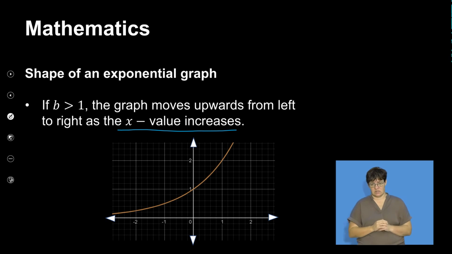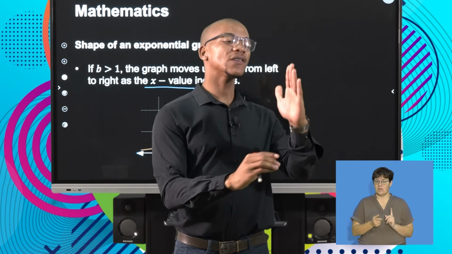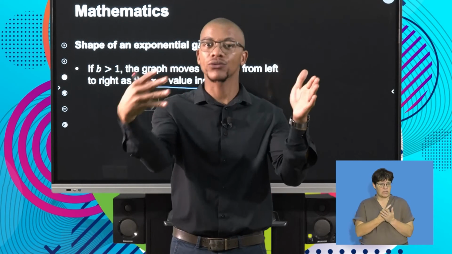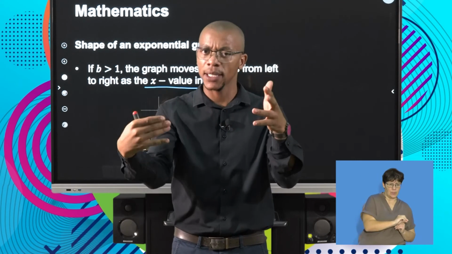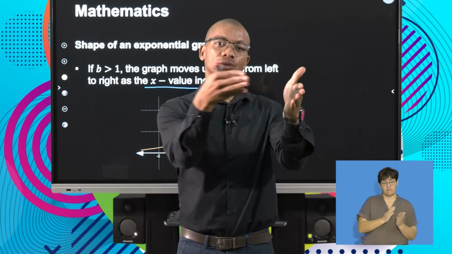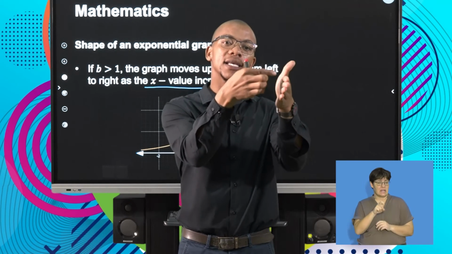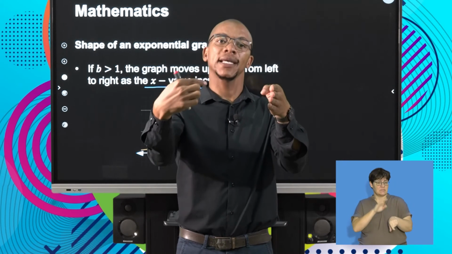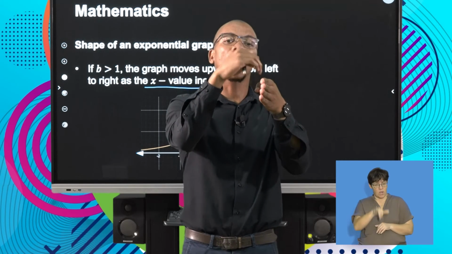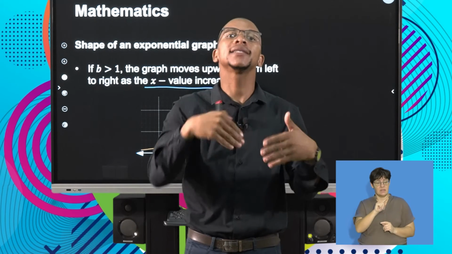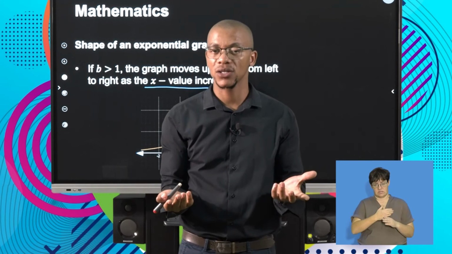The reason we call it an increasing function is because you always look at a graph from left to right. Remember, it's small to big, so the negatives are small. As you're moving from left to right, the values of x are increasing. And as they are increasing, simultaneously, the values of y are also increasing because it is going up like that. Hence, it is called an increasing function, right?